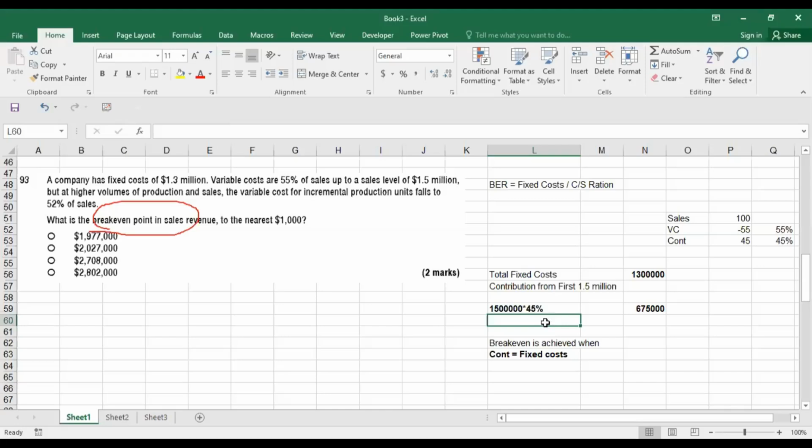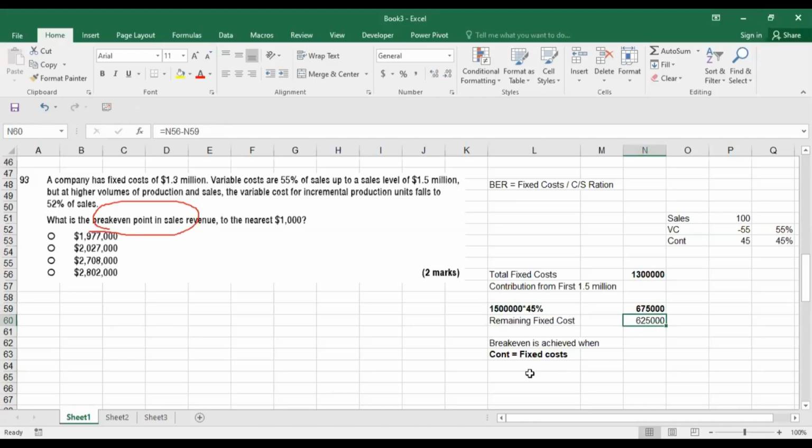So how much is the remaining fixed cost? 1.3 million was total fixed cost. From the sales revenue of the first 1.5 million, 675 I have already recovered. 625 I need to recover more.